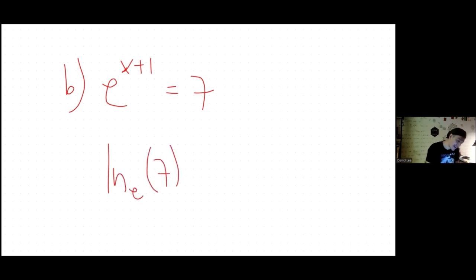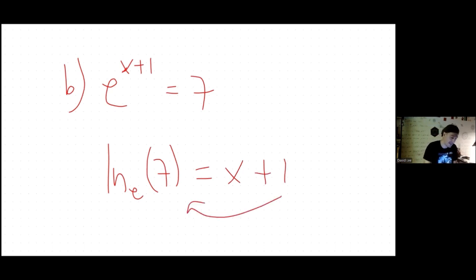Boom, there it is. All right, what about example B? Let's say we have E to the power of x plus 1 equals 7. Well, now we do see E, so you're going to need a natural log. So look at your notes and look at the conversions. To convert this into natural log, this would say natural log base E 7 equals x plus 1.